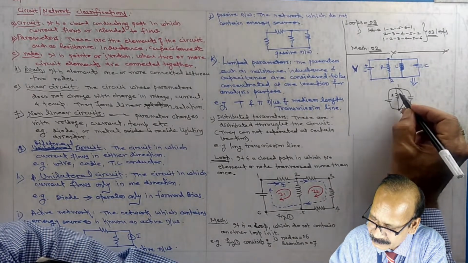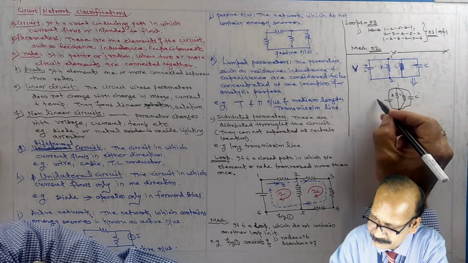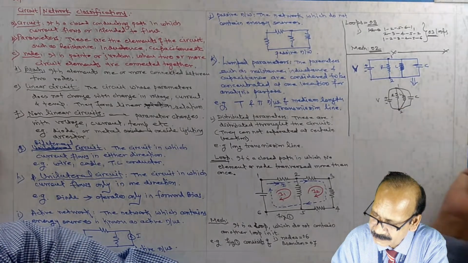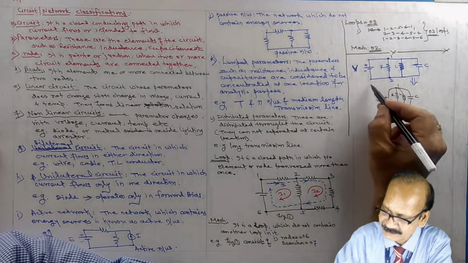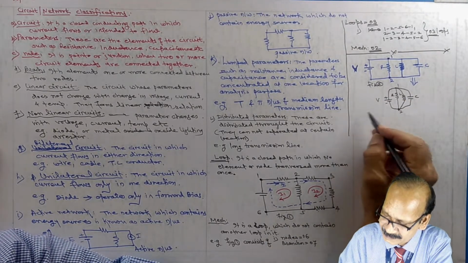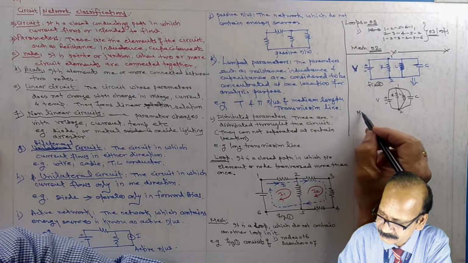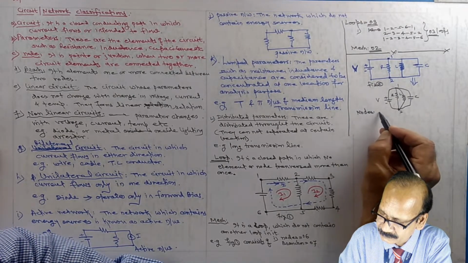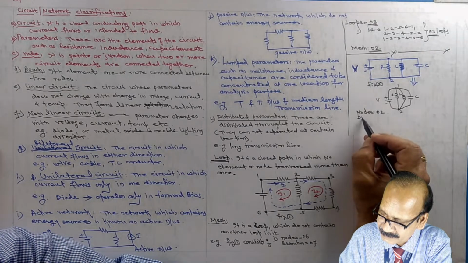Okay, R, L, C. This figure, figure 2, has how many nodes? Nodes equal to 2.